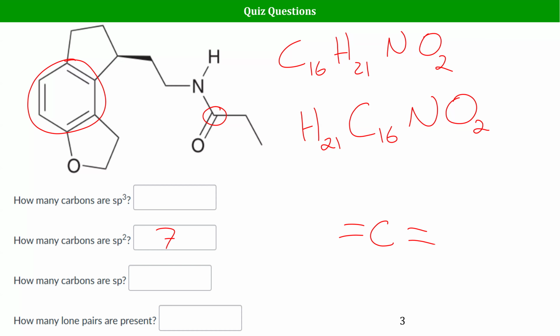The only time we see that is CO2. We will see it once to say that it exists and then never talk about it again once we get to dienes. So the rest of the carbons are going to be sp3. So 9 sp3s, 7 sp2s, 0 sp.